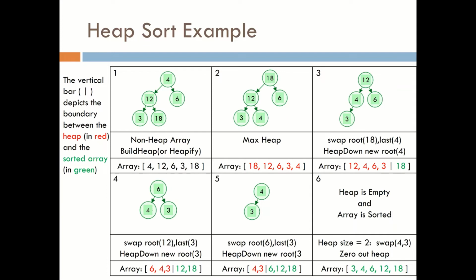And so we begin with an array that is neither sorted nor is it a max heap in this case. So that is what you see at location 1. We begin with that array, and the first thing we must do is to heapify it.